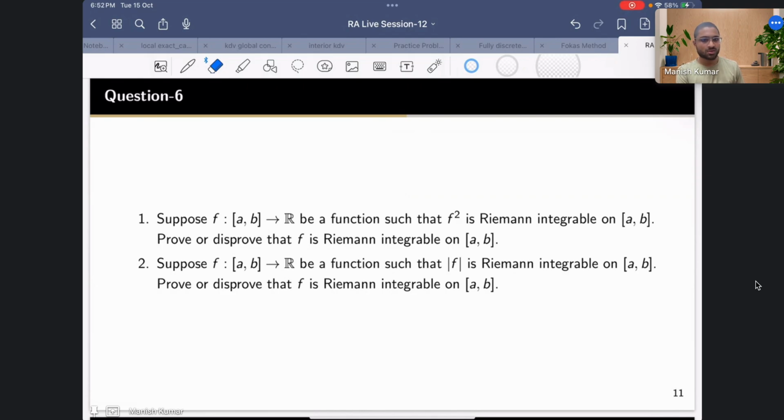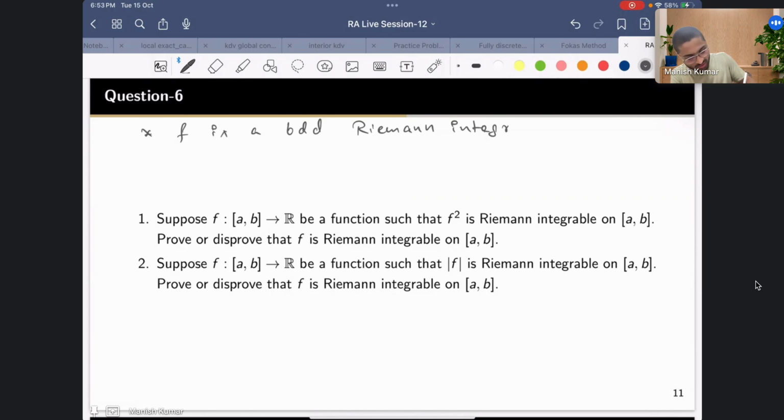One way: suppose f is a bounded integrable function. I hope you must have seen this result. Then you can prove that f square and mod f are Riemann integrable.